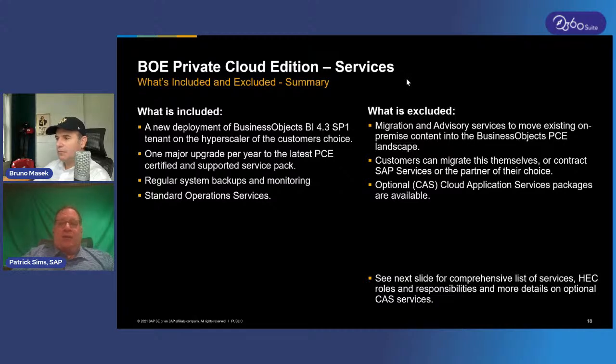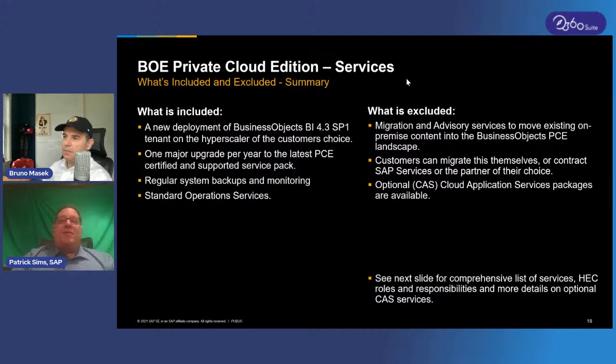What is not included is migration and advisory services to move your existing content into PCE. And again, some of you might be savvy to do that yourself. I would say that's where partners like Bruno step in to really use their breadth and depth of experience to help with that migration and advisoring on that.